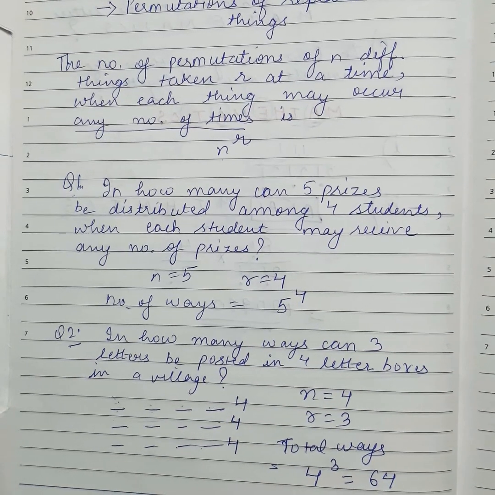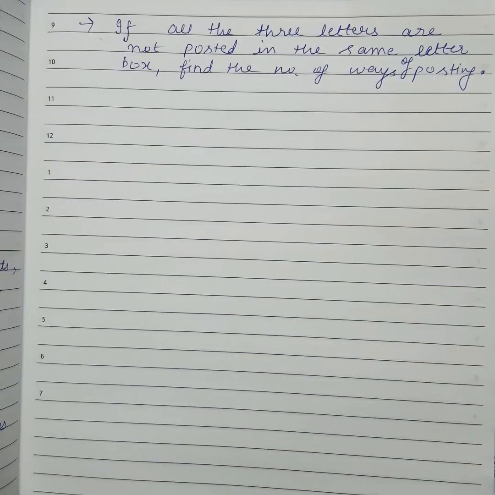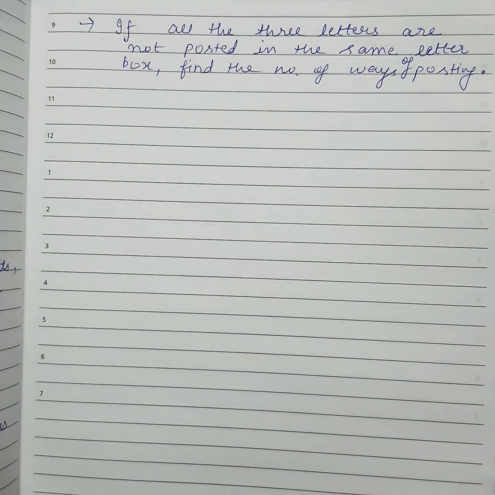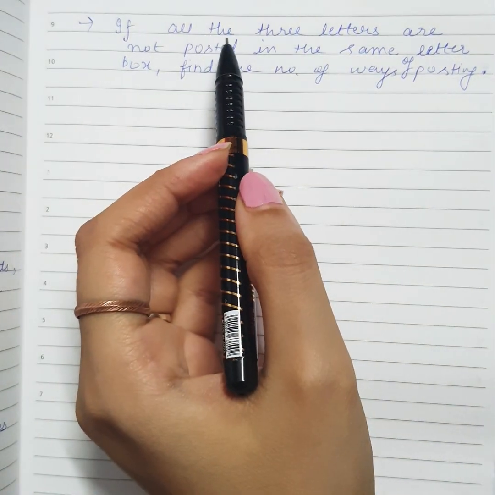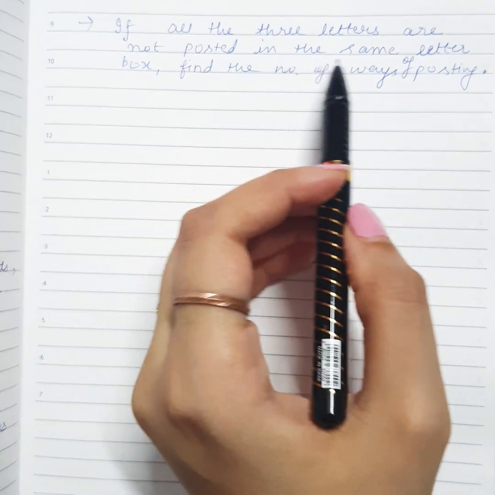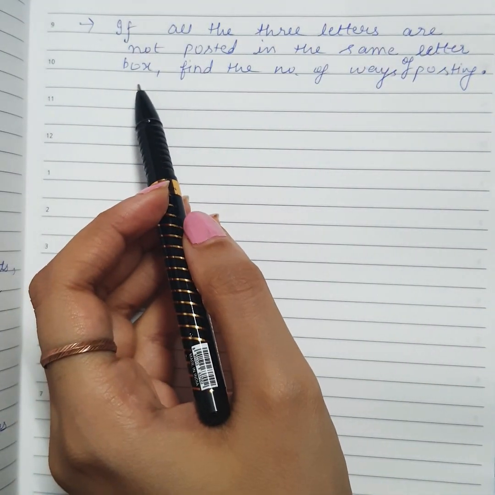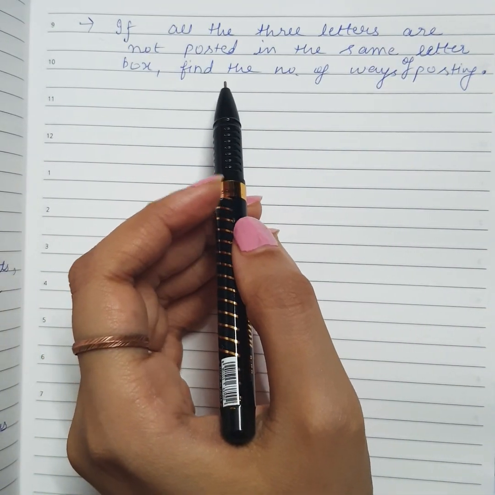Now one more condition in the same question, which is a continuation of the previous question of letters. If all the 3 letters are not posted in the same letter box, find the number of ways of posting.